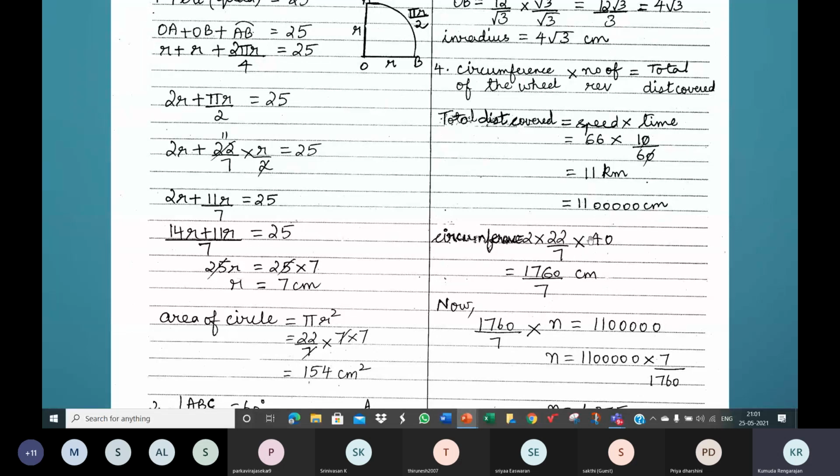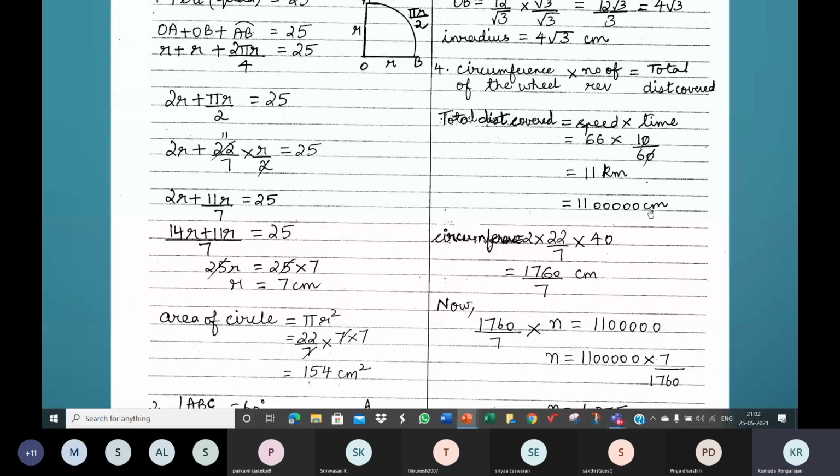Because the radius is in centimeter. Circumference is 2 pi r. Now substitute in this formula. Circumference is 1760 by 7 into the number of revolutions n is equal to 11 followed by 5 zeros. Since the circumference is in centimeter, meaning the radius is in centimeter, you have to convert this total distance also to centimeter.